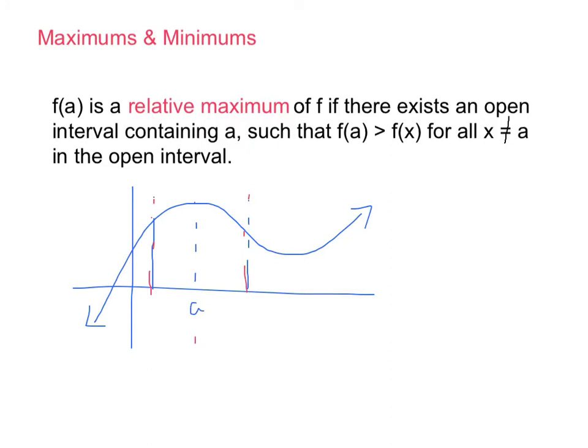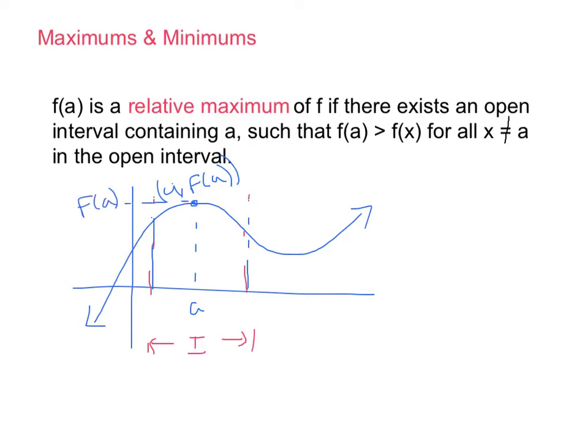So we've got our open interval I going from here to here, and somewhere in there is some value a. And up top here we would have the point a, f of a, the function's value at a. So this would come over here.